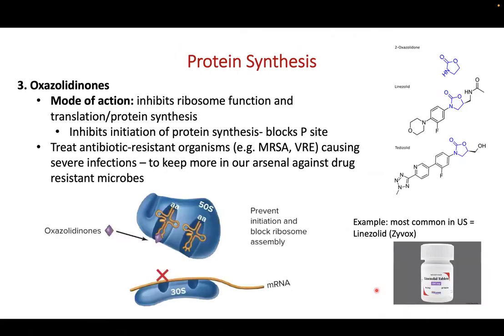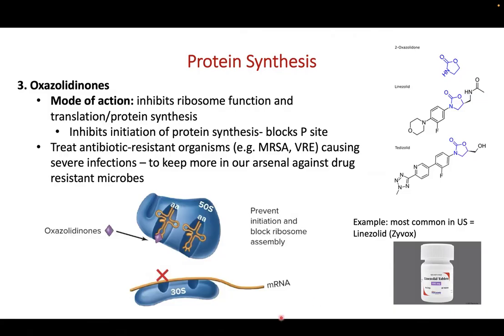And the third class of antibiotics that target protein synthesis is oxazolidinones. The mode of action is basically the same thing: inhibits function and protein translation. It works by inhibiting the initiation of protein synthesis by blocking the P site.